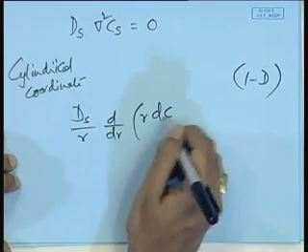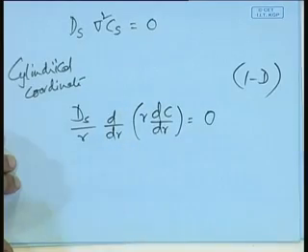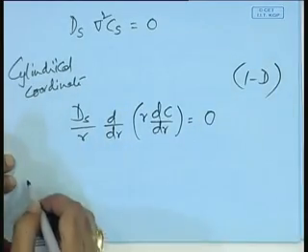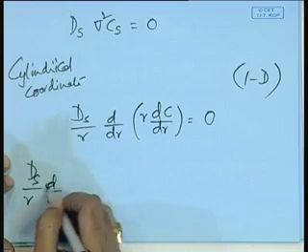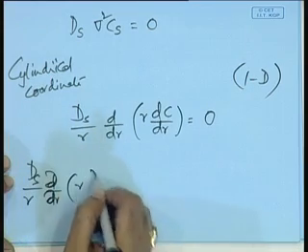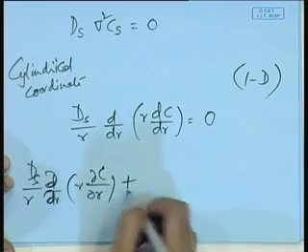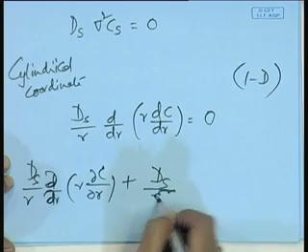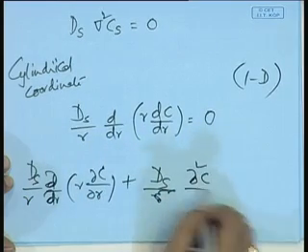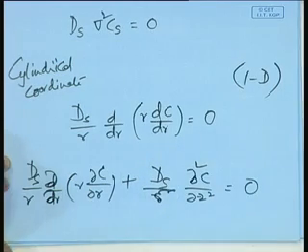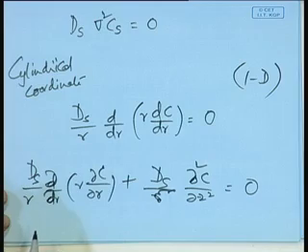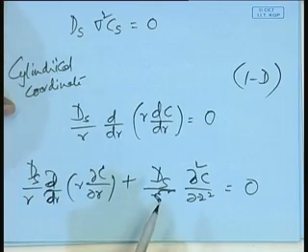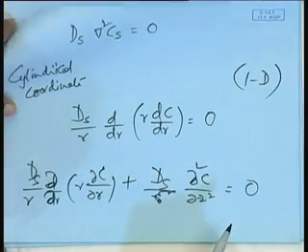This is 1D, and then 2D would be Ds times 1 over r del del r of r del c del r, plus Ds times del 2 c del z square equals 0. Fine.